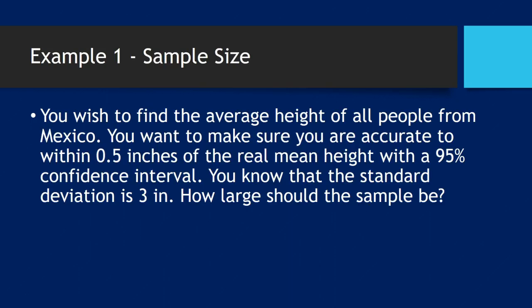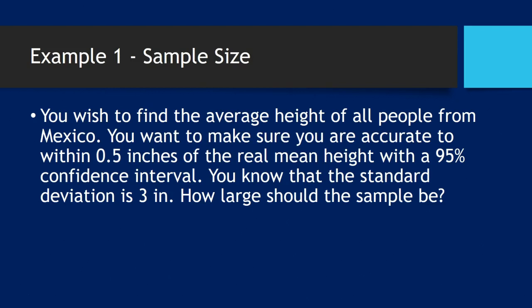So let's do this on an example. Let's say we want to find the average height of people in Mexico. I want to make sure that I'm accurate within 0.5 inches, or half an inch, of the real average height.